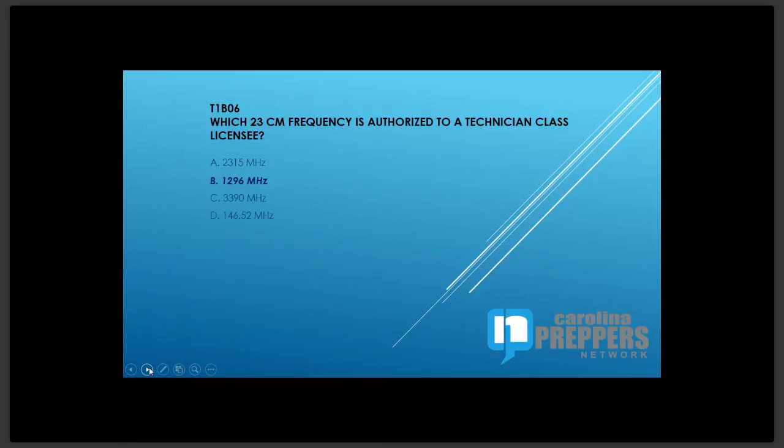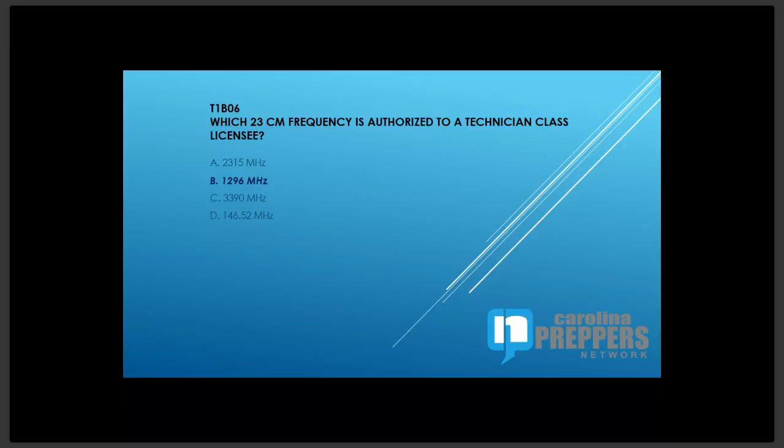Which 23 centimeter frequency is authorized to a technician class licensee? And in this one, you would have to convert that 23 centimeters into meters.